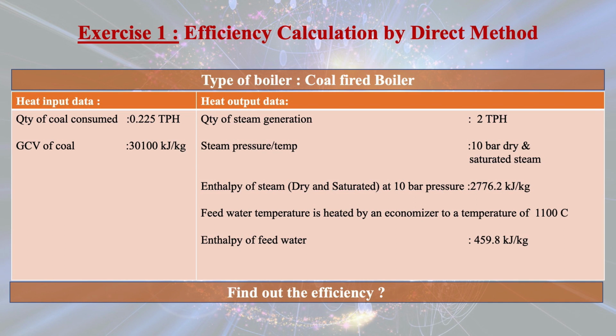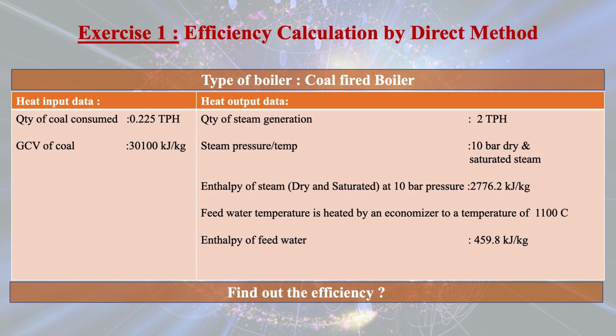GCV, that is the gross calorific value of coal, is 30100 kilojoule per kg. Heat output data: quantity of steam generation is 2 TPH, that is 2 ton per hour. Steam properties: 10 bar, dry and saturated steam.